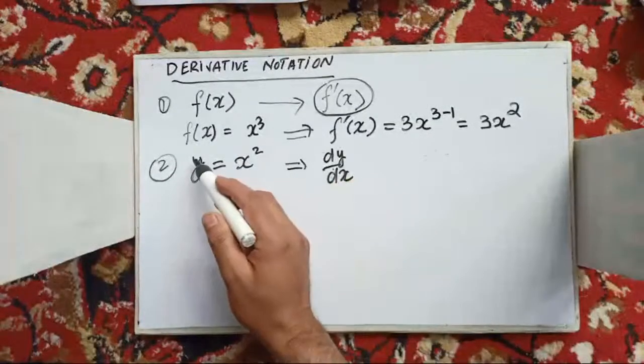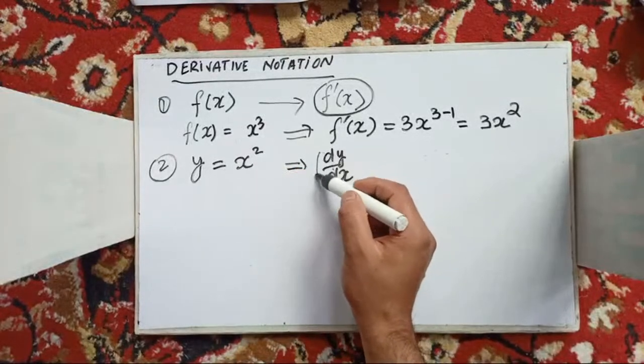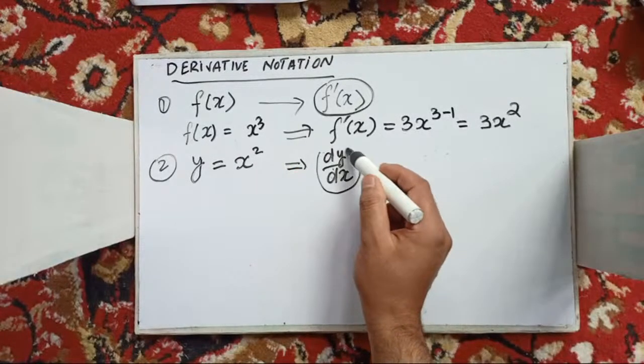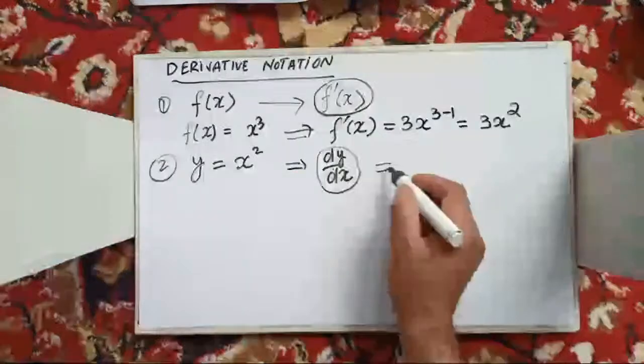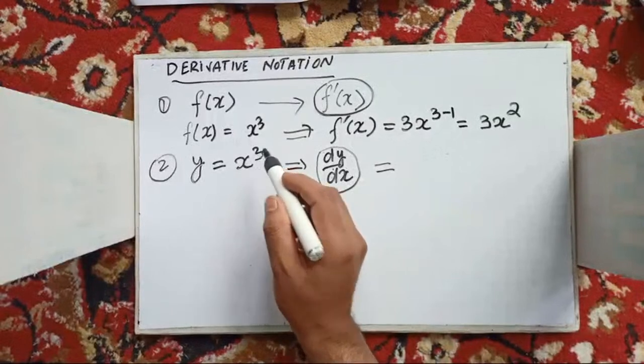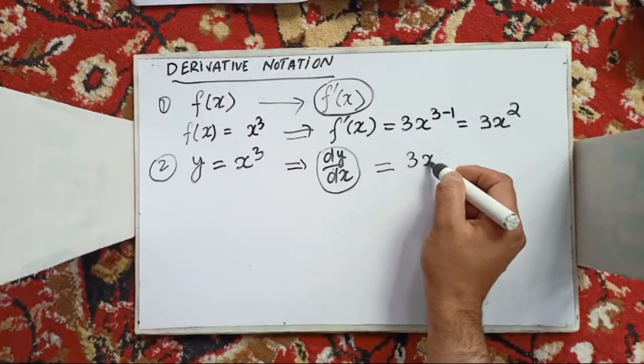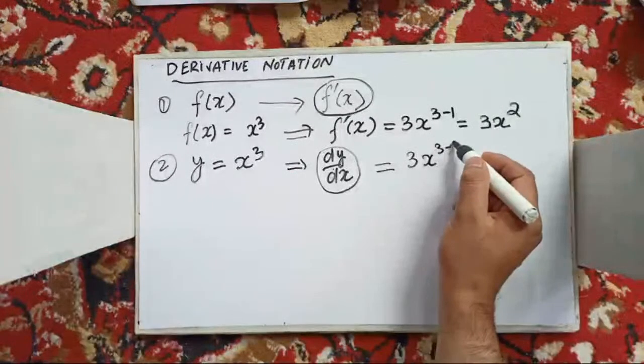So we can write the derivative of y is equal to x square as dy by dx. So this is the second notation. Similarly, if it is x cube here, then its derivative will be the same, that is 3x to the power 3 minus 1, which is equal to 3x square.